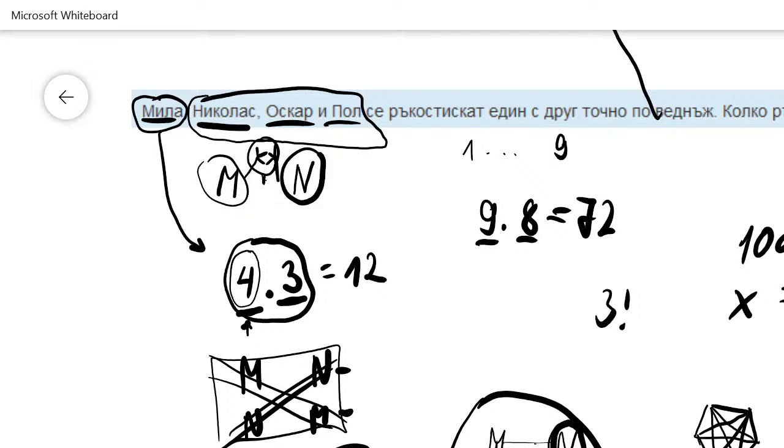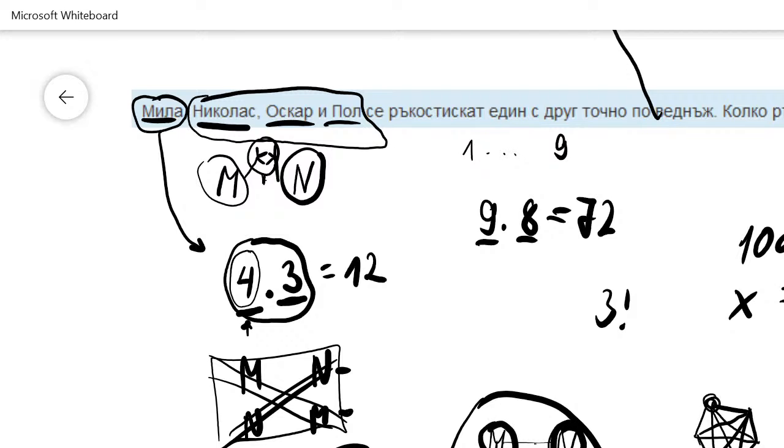One person, which is like this here, is high-fiving with X minus 1 other persons.